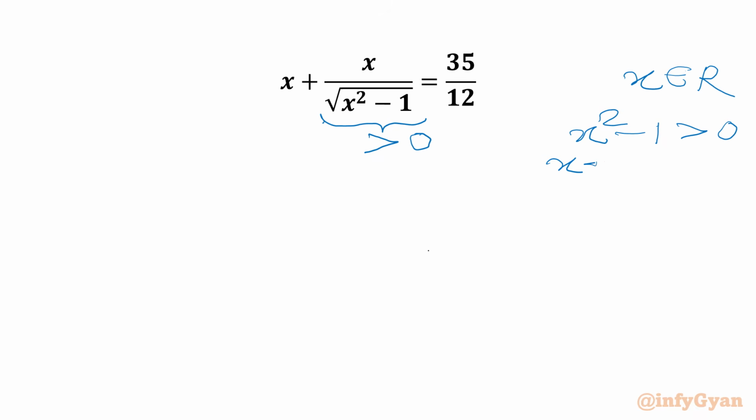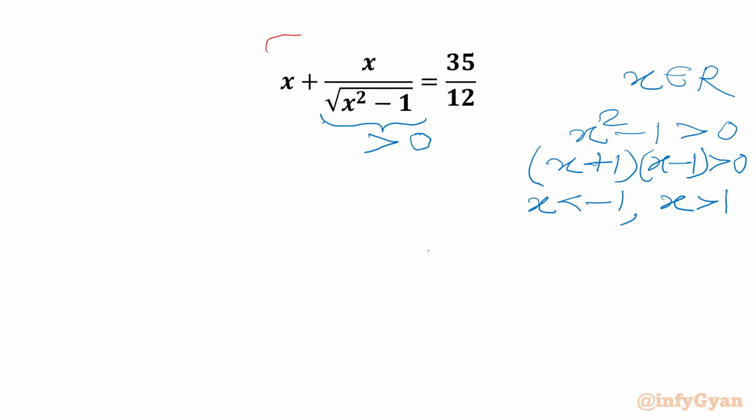Using the difference of two squares formula, we write (x plus 1) times (x minus 1) should be greater than 0. After solving this inequality, we get either x should be less than minus 1 or x should be greater than 1. Then we will be getting real values of x.